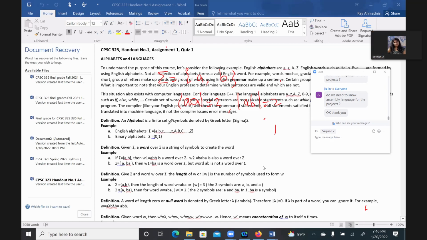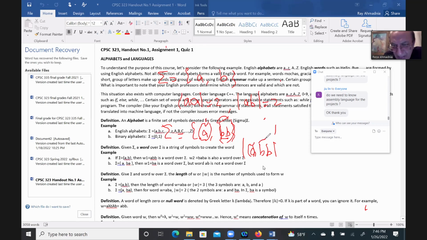If my alphabet changed to, for example, A and BB, then one symbol is this, and one symbol is this one here. Think of this one as apple, and this one as banana. So if I have A and then BB, how many symbols do I have? I have one apple and one banana. So the length of this one is 2, based on this alphabet.